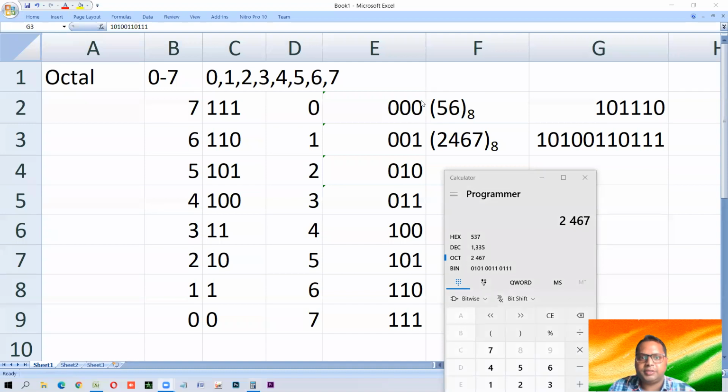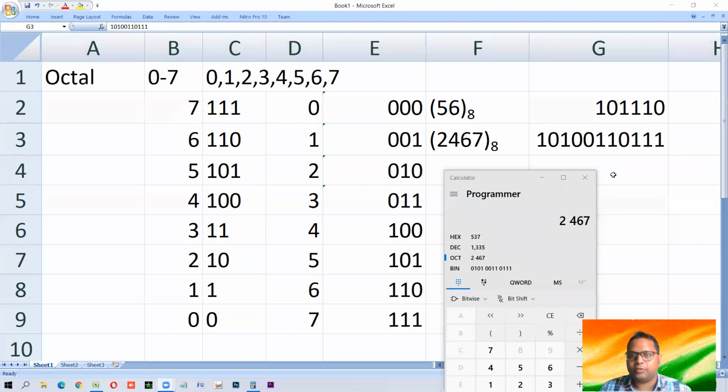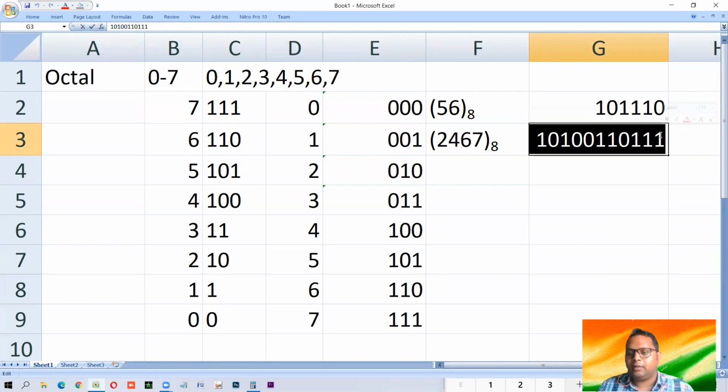So, dear students, this is how we convert a given octal number to binary. And if you want to convert a given binary number to octal, that can also be done the same way. Let me tell you the way. Suppose we want to convert this number back to octal.